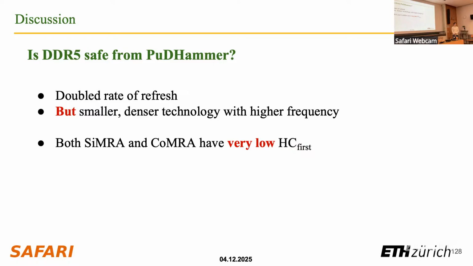In that sense, you wouldn't violate the timing. But since the physical mechanism of activating two rows at the same time is still there, we should at least expect that this effect will still be there. Yeah, it's a bit of a long answer.